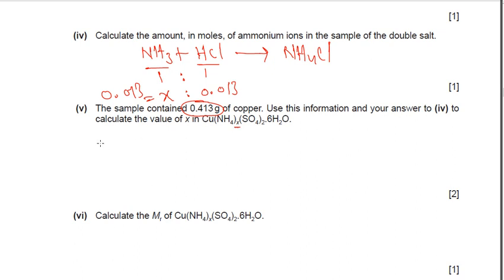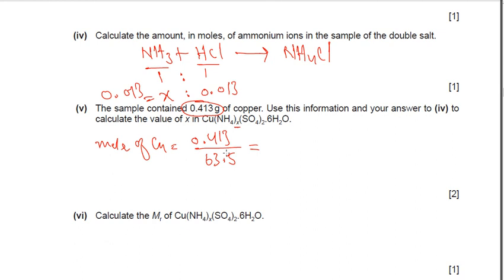Moles of copper is equal to mass of copper, which is 0.413, divided by the Ar of the copper, which is 63.5. You can use this value from the periodic table.